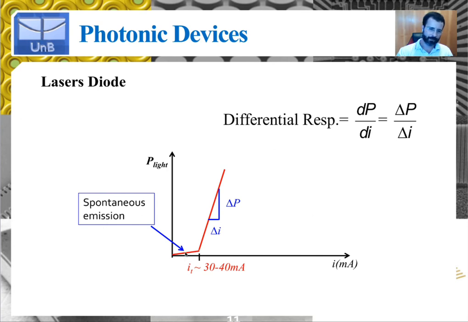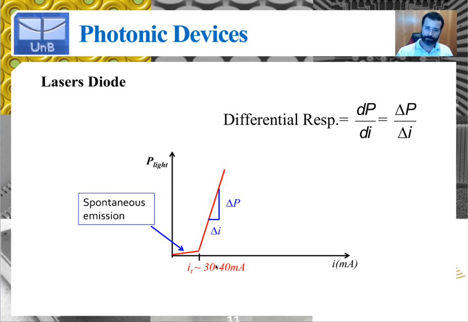So basically the device is behaving like a light emitting diode in this region, and it's not emitting much light. But as you increase the current, the emitted light increases linearly, as we've seen in light emitting diodes.